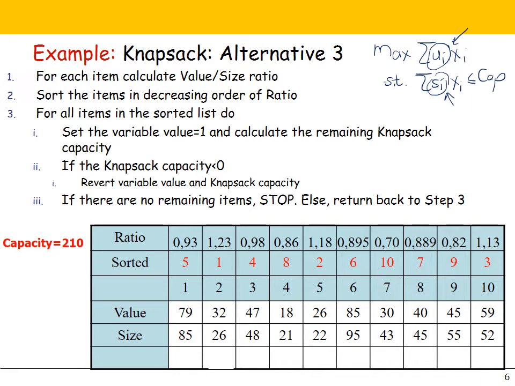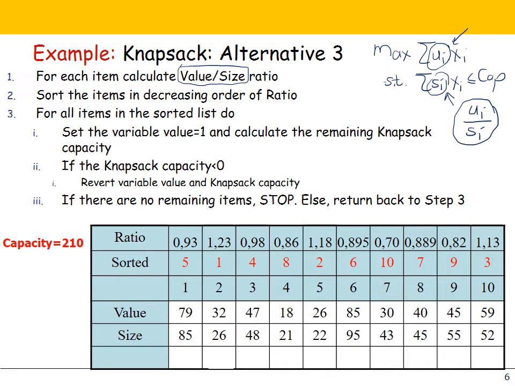Therefore, in the third alternative, instead of sorting the items with respect to utility or size, we will sort them with respect to this ratio, value divided by size, meaning that ui divided by si. So for each item we calculate this ratio and we select the item with the largest one.